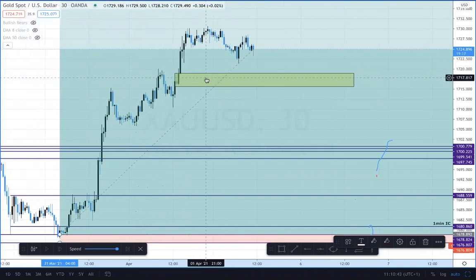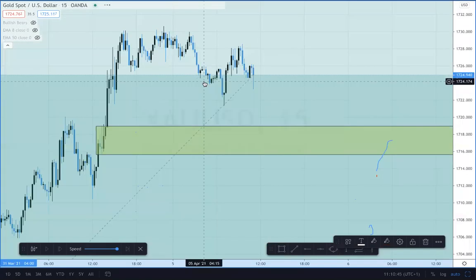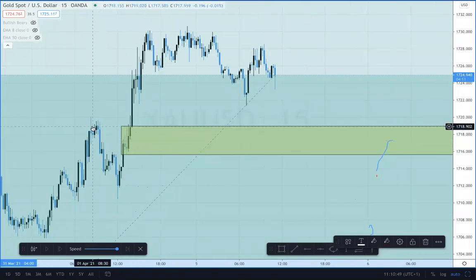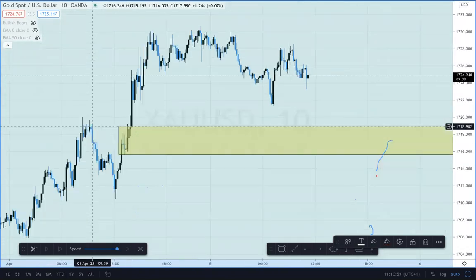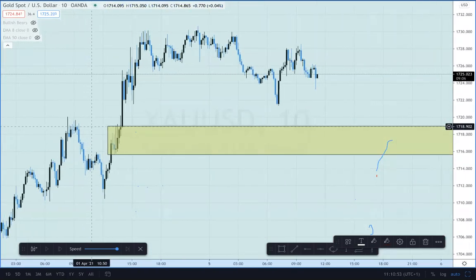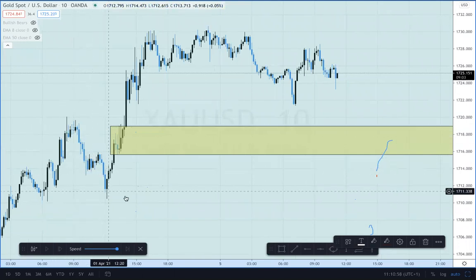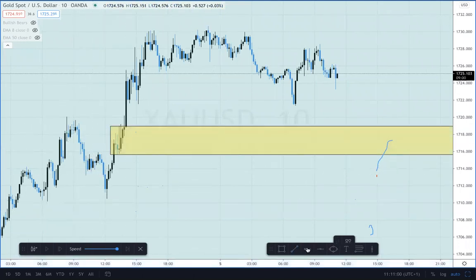Let me actually drop down a little bit more. Yes, so we have some sort of mitigation right here. Breaker block setup right there.